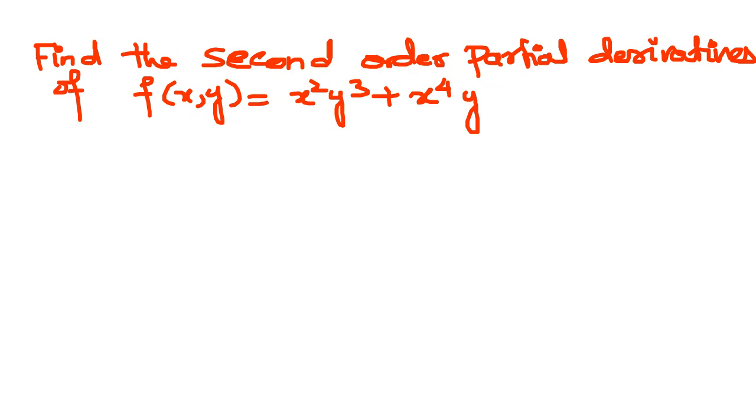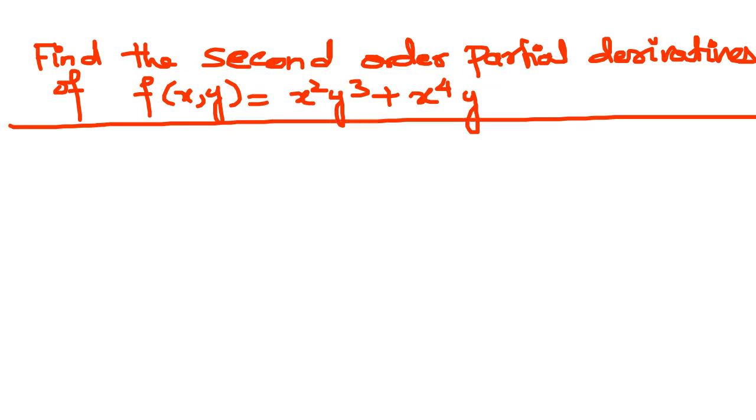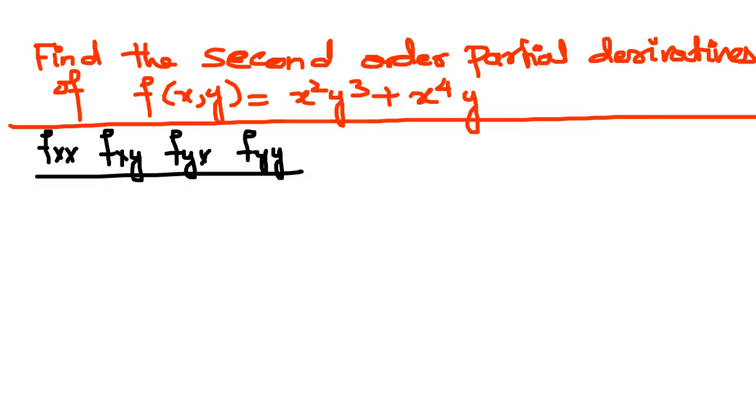So I'm talking about all four second order partial derivatives. These are the four: f of xx, f of xy, f of yx, and f of yy. So you have to do these four.